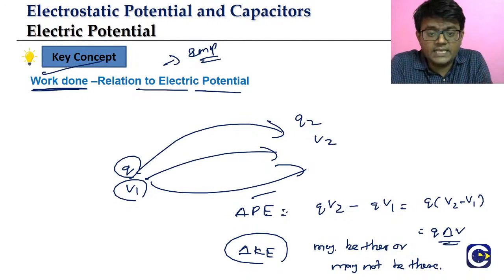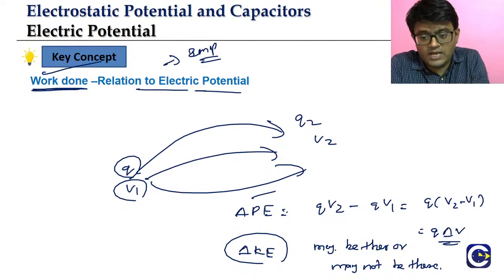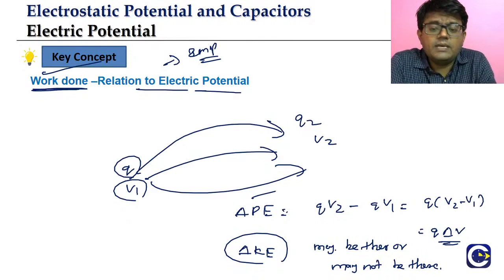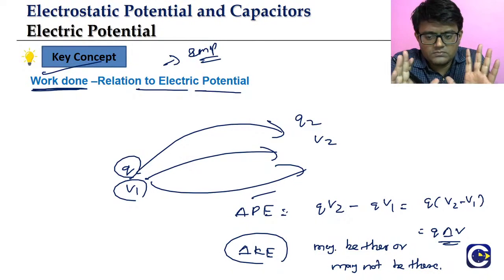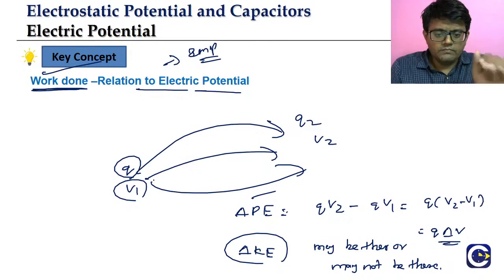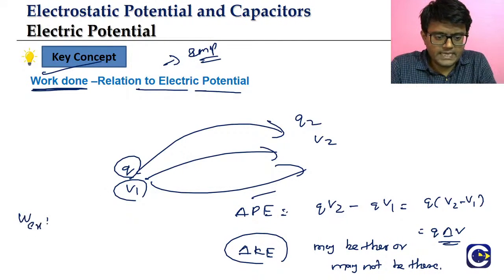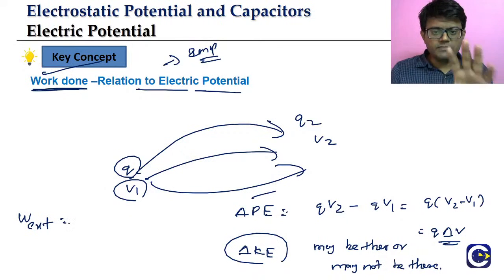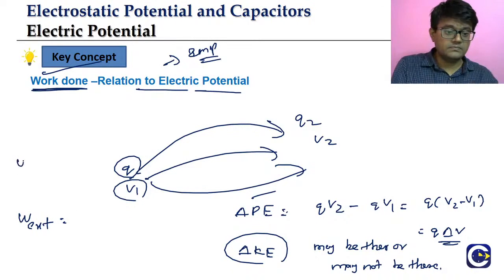In that case, the kinetic energy change will not be there. Sometimes there may be a change in kinetic energy term also. So when you are trying to move the charge from one place to other place, we are doing external work. What is the basic formula of the work energy theorem?